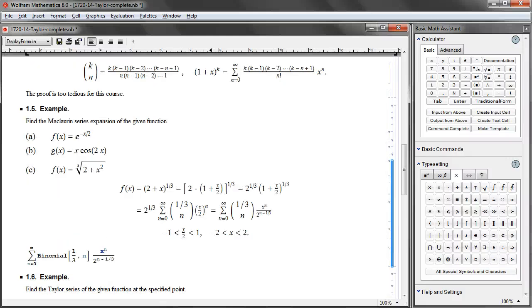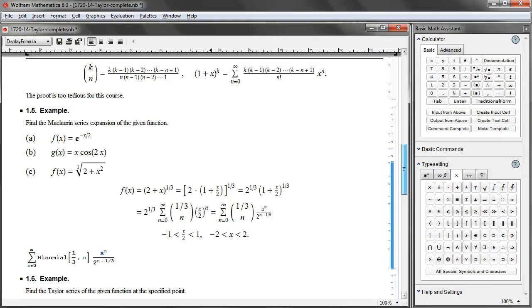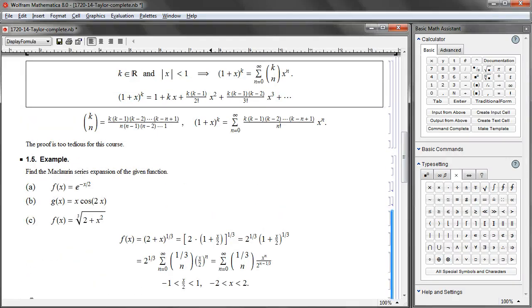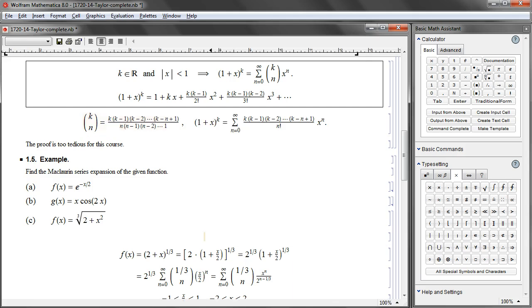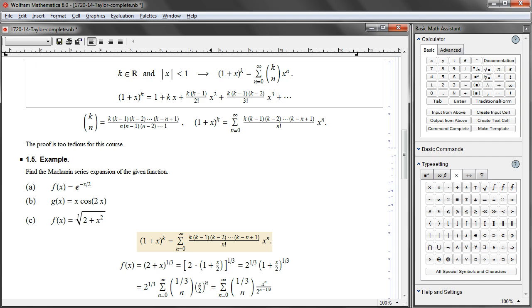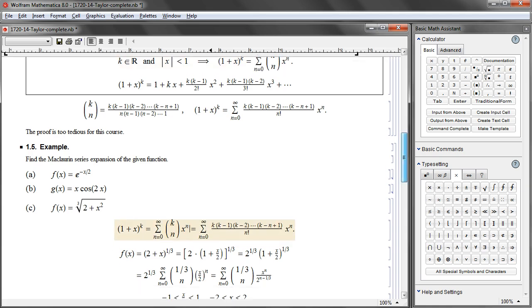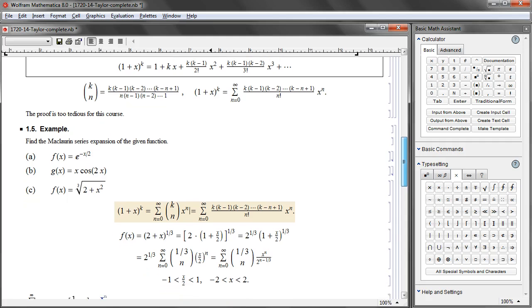And this is a typical trick. We are using this result, and the k value is 1/3, so 1/3 power.